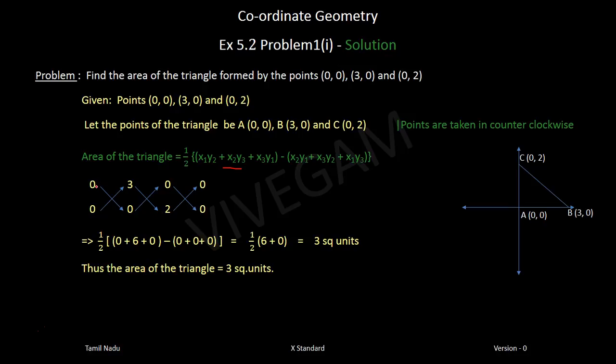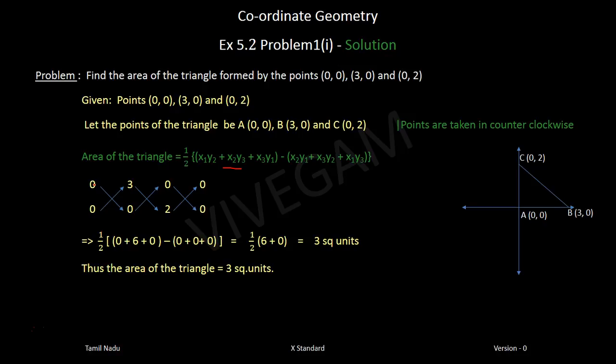How do you write it? This is x1 y1, this is x2 y2, this is x3 y3, then one more row, that is x1 y1. Then draw the arrows: this arrow, second arrow, third arrow, and the reverse arrows. So the way to do it is half into this into this.